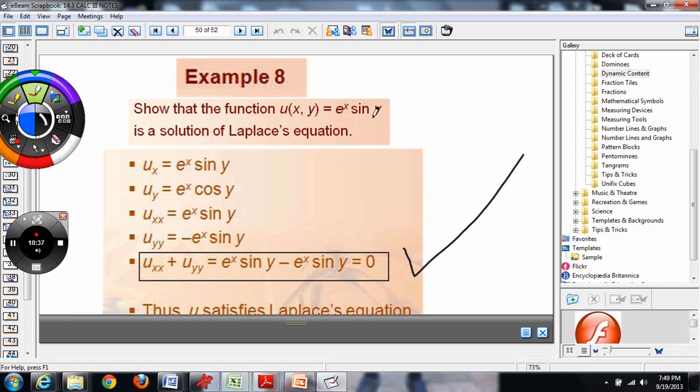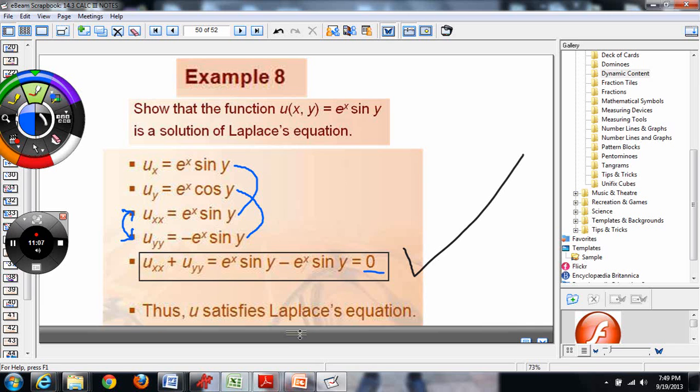So if you had a particular function, you would find the partial derivative with respect to x, then with respect to y, and then again the partial derivative with respect to x, and again with respect to y, and then just add these two together and see if they add up to equal 0.